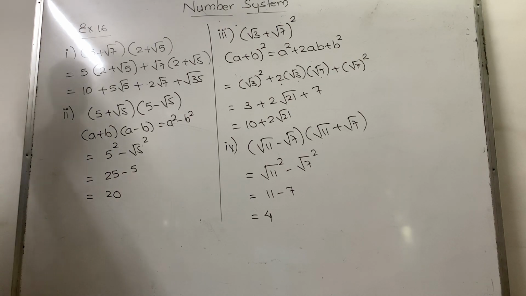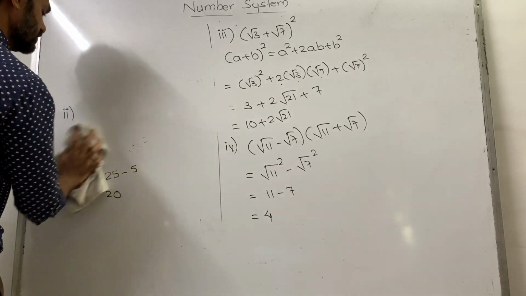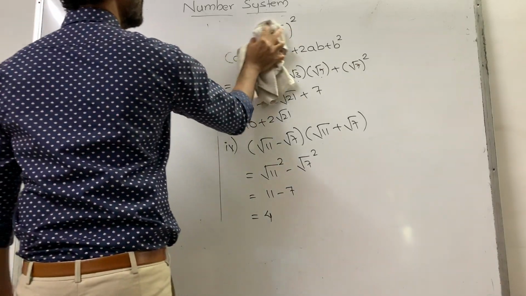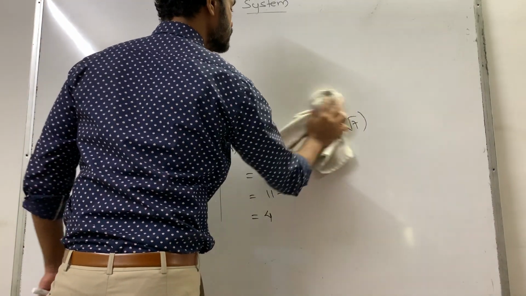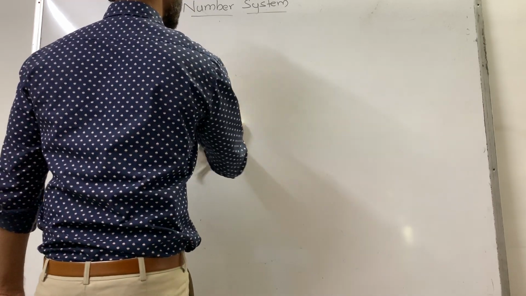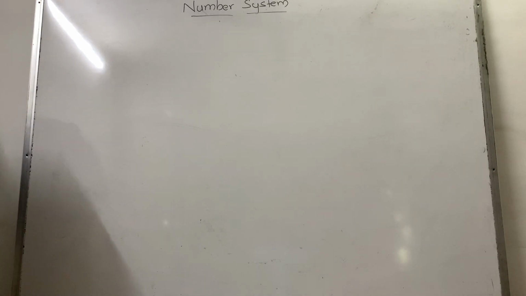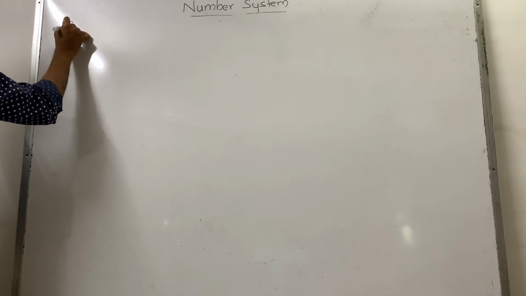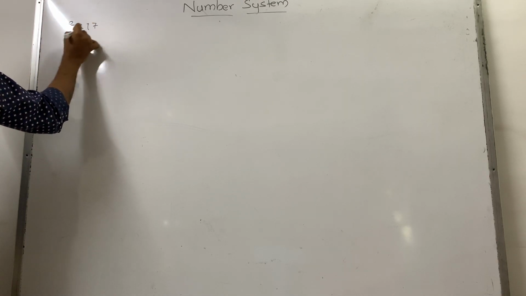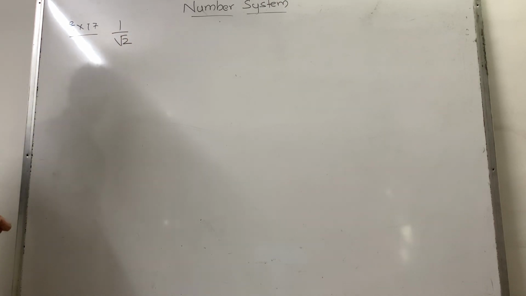Now let's take example 17. In example 17, they have given us an irrational term 1 by root 2.